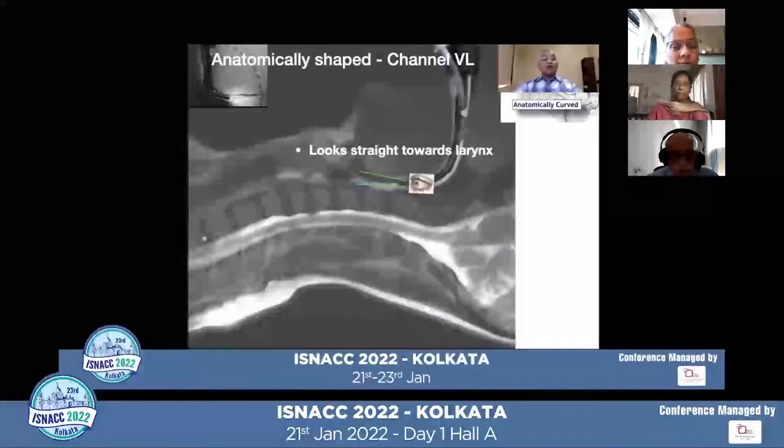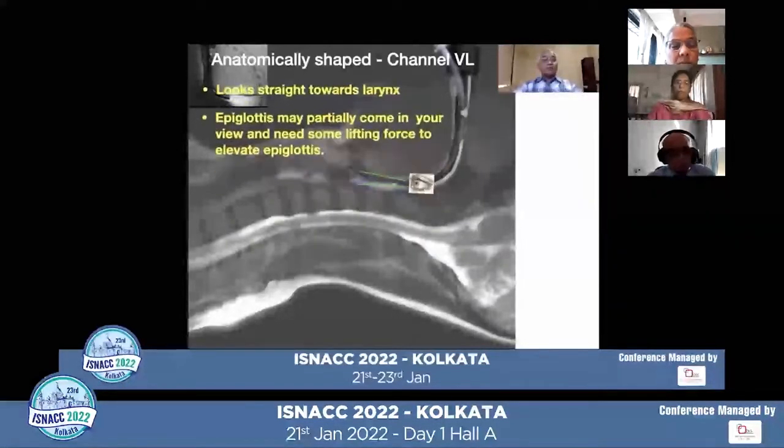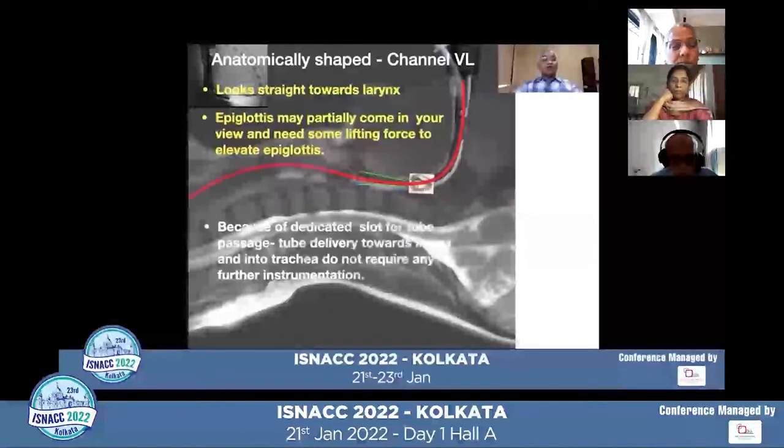So the epiglottis may come into view and you need some lifting force to elevate it. After achieving a proper view, once you push the endotracheal tube through the dedicated channel, it will go straight towards the larynx, and passage beyond the larynx does not require any further manipulation.